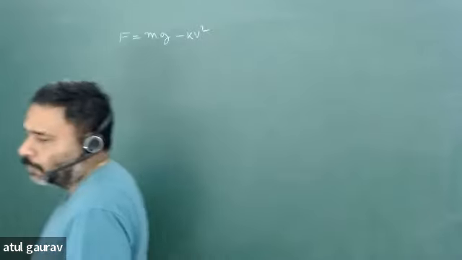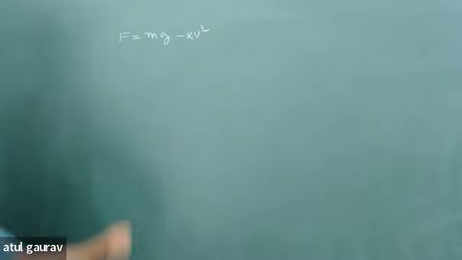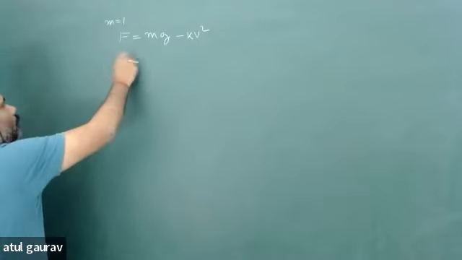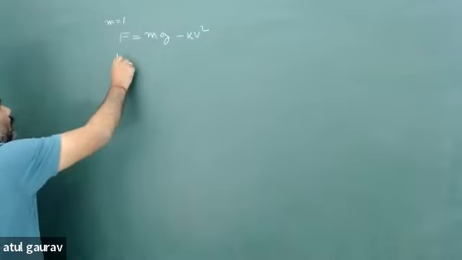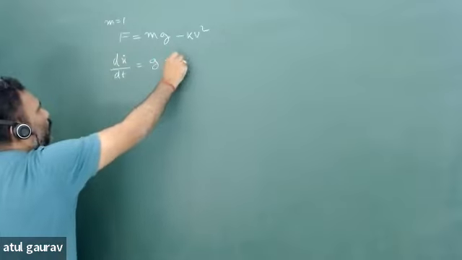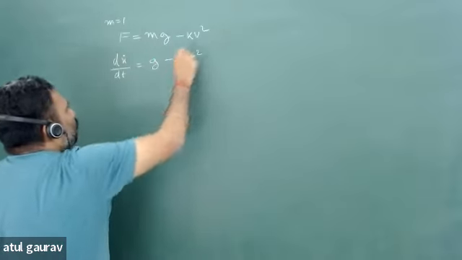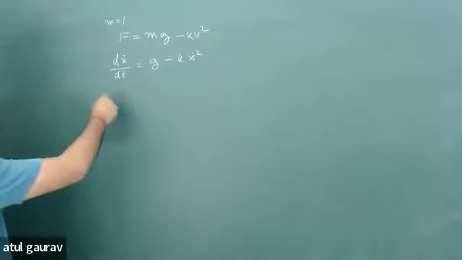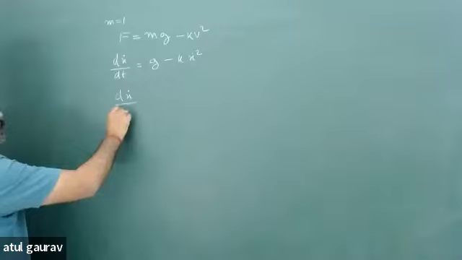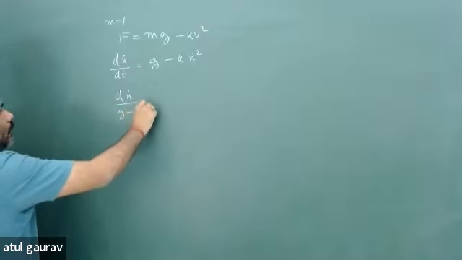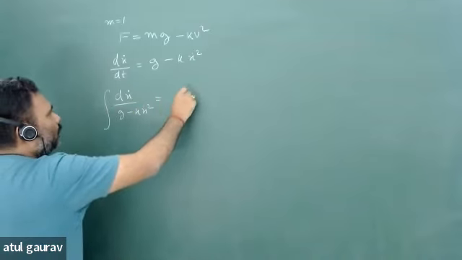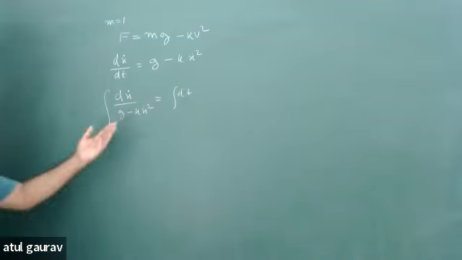So we just want to solve for the velocity, and again I will take m is equal to 1. So what will happen? d(x dot) upon dt is equal to g minus k x dot square. So we have to solve this equation. We have d(x dot) upon g minus k x dot square, and dt.